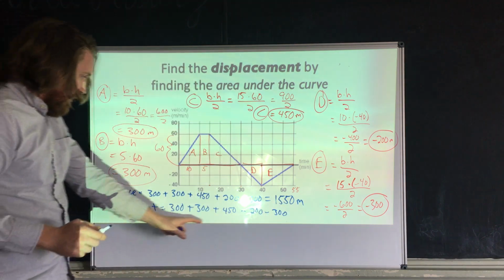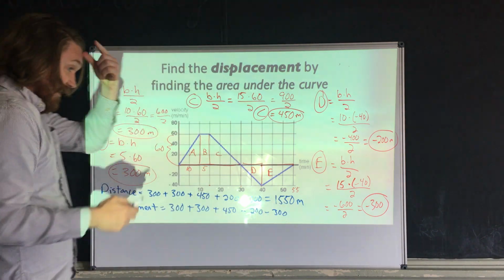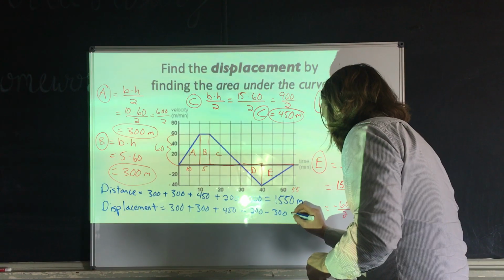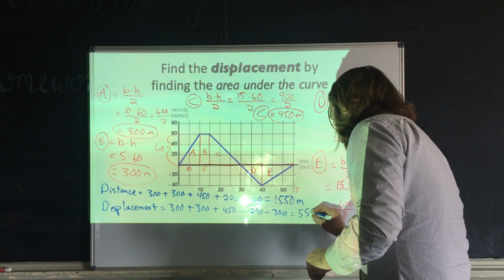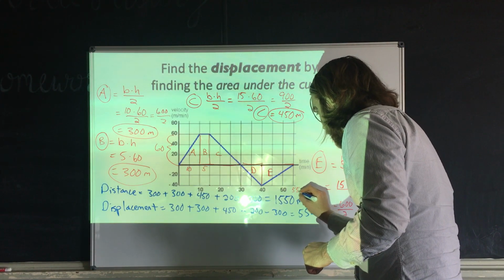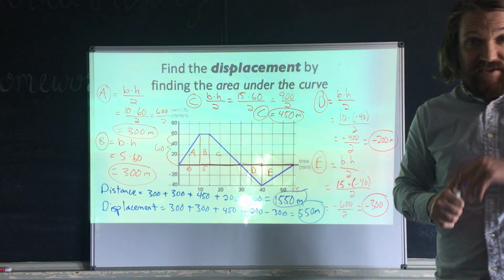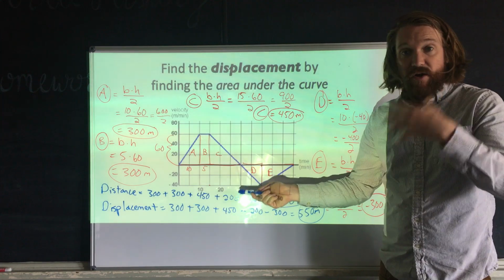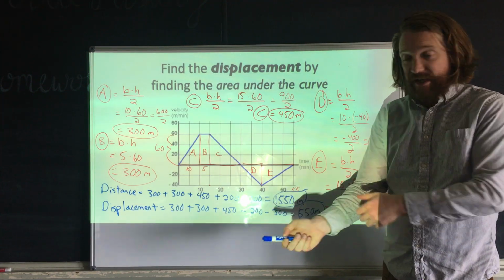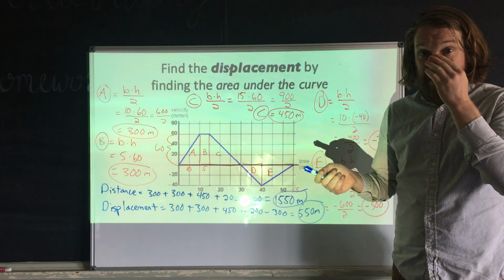So it'd be the same thing, 1050, but then minus 500 would be 550 meters. Okay? There's one. So there's your distance and displacement. Distance is all positive, displacement can be negative. And you do the exact same thing.